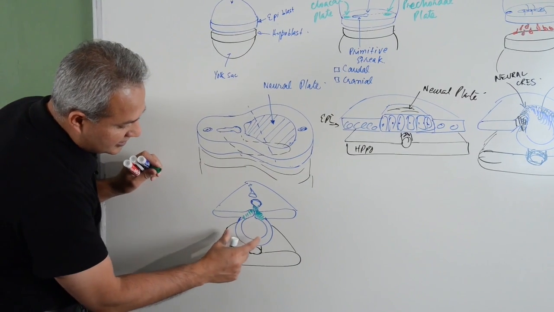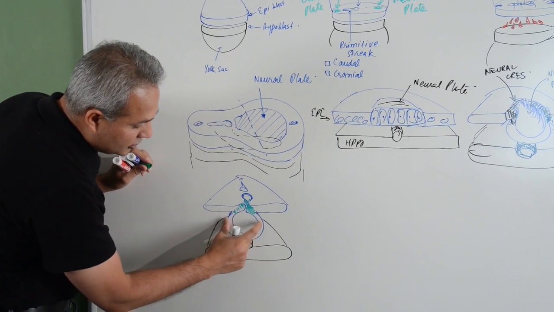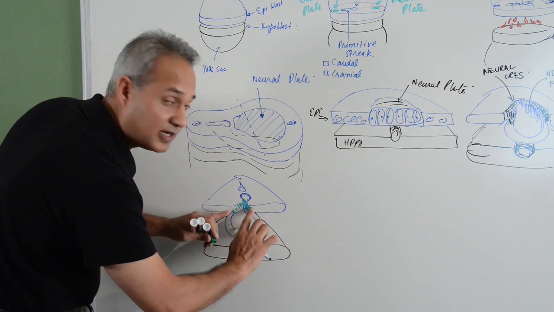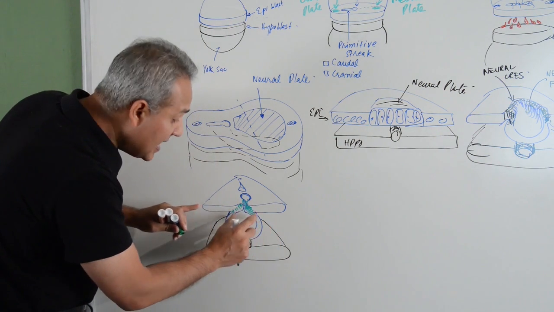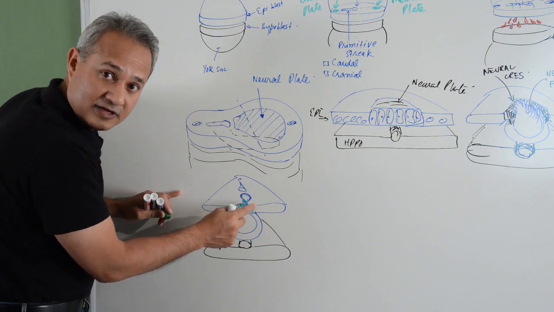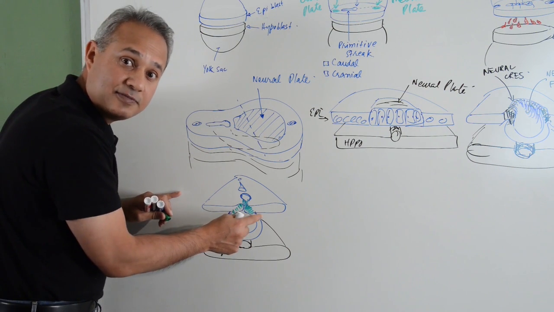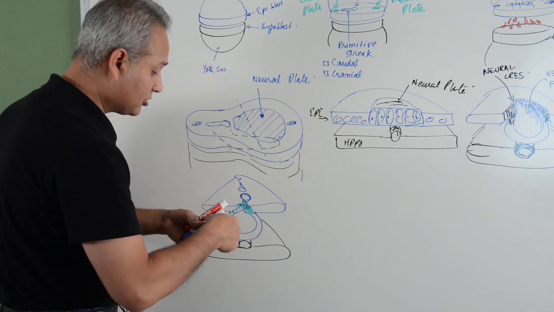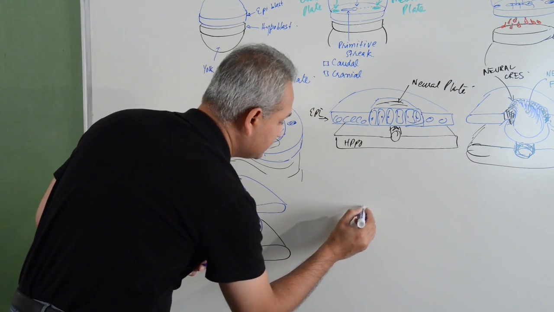Now what we need to do is this. In the next diagram, you would see that the neural tube would separate out completely, and the neural crest cells would separate out as well, separated from the epiblast. So they would separate from the neural tube and from the epiblast and create a separate structure. So let's see that. That is again very important from a clinical point of view.